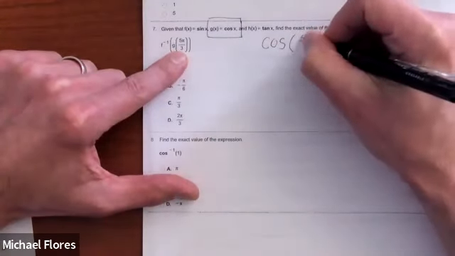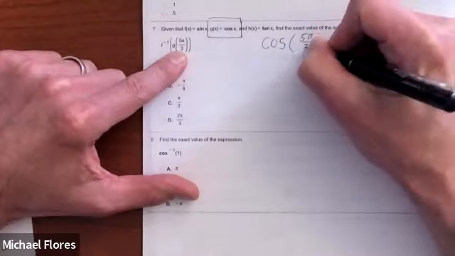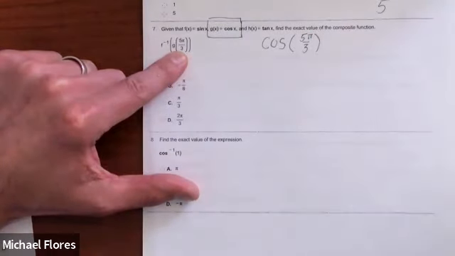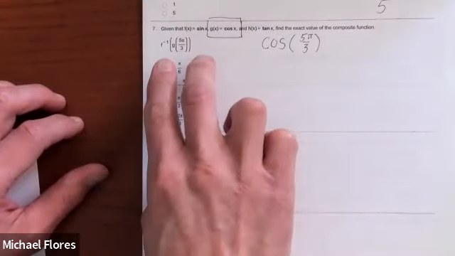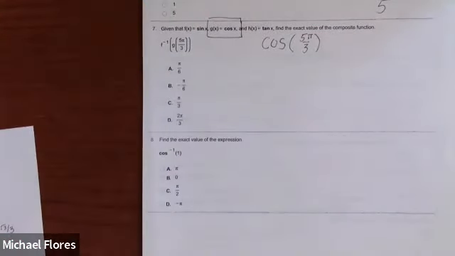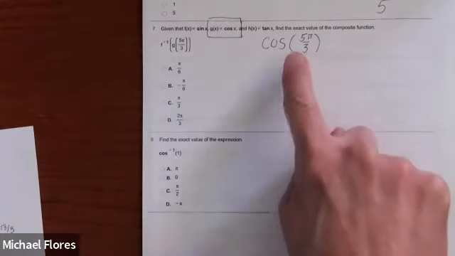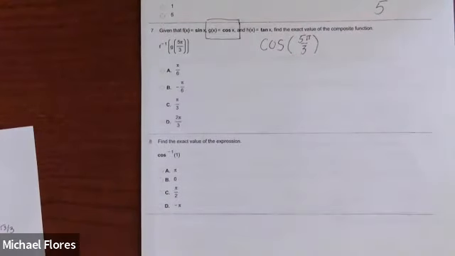So cosine 5 pi/3. Remember, PEMDAS, parentheses. We gotta do parentheses first, and yes, we have multiple parentheses here, so that means you got to solve the parentheses inside the parentheses first. So let's worry about cosine of 5 pi/3.